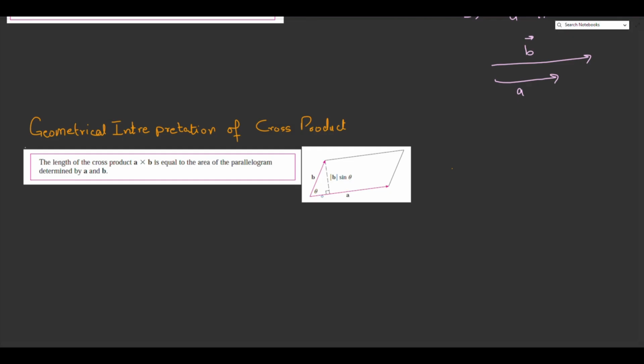We know from our previous knowledge how to find the area of a rectangle: it is equal to the length of the base multiplied with the height between the two parallel sides, and the height here is the absolute value of B multiplied with sine theta. So the length of the cross product A cross B is equal to the area of the parallelogram.